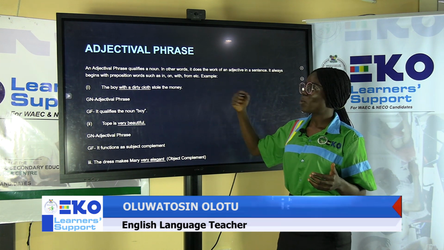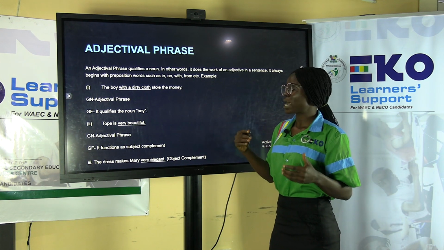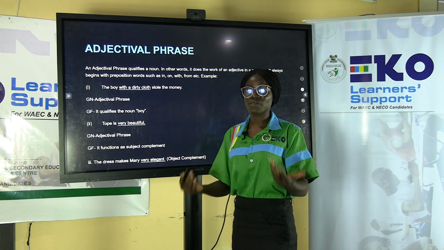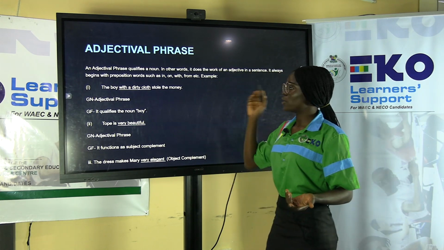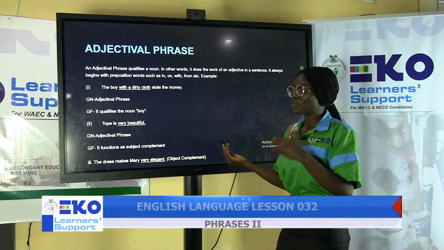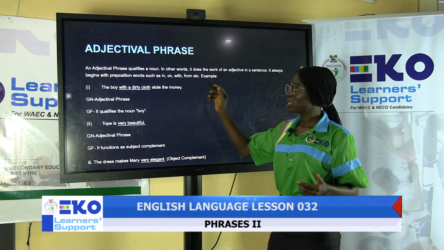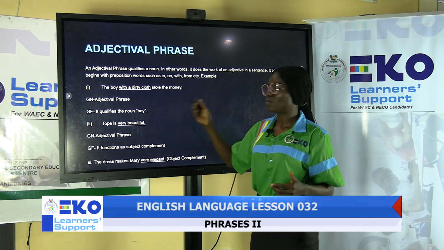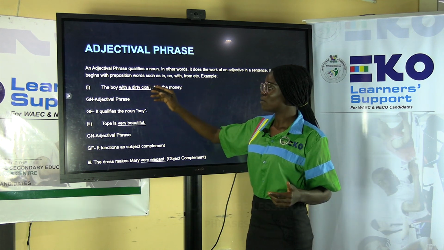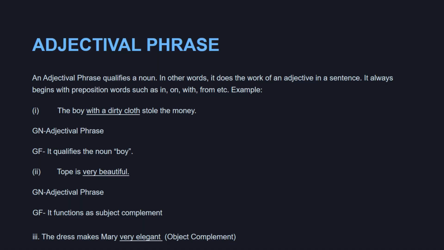If you remember that an adjective modifies or qualifies a noun, you would be able to understand its functions. In other words, an adjectival phrase does the work of an adjective in a sentence.